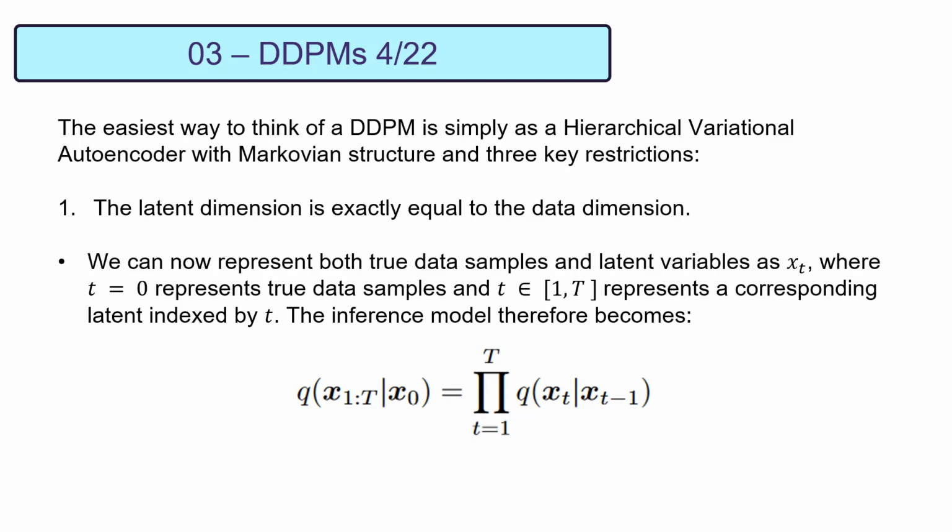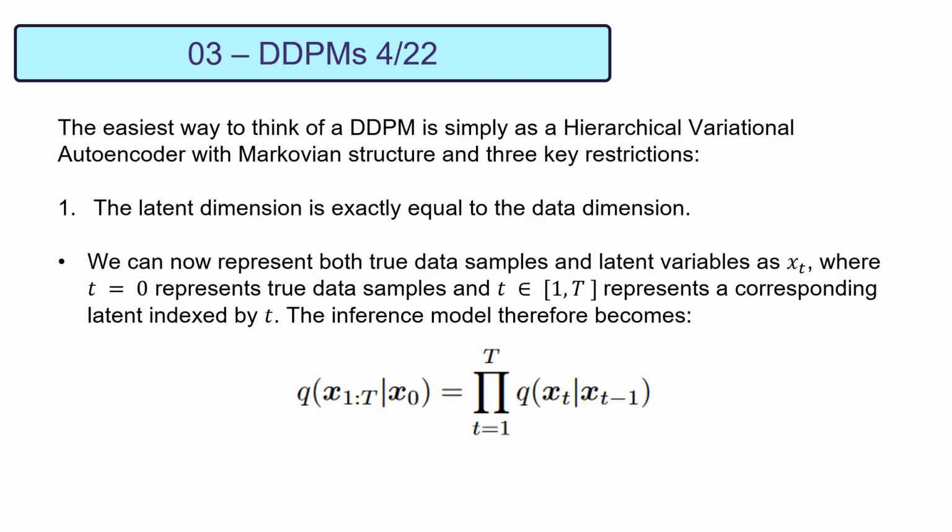This means that we can represent the whole diffusion process, this encoder, or the forward process as it's called, as a joint. So this is x1, x2, x3, x4, and so on, to xt, given x0.